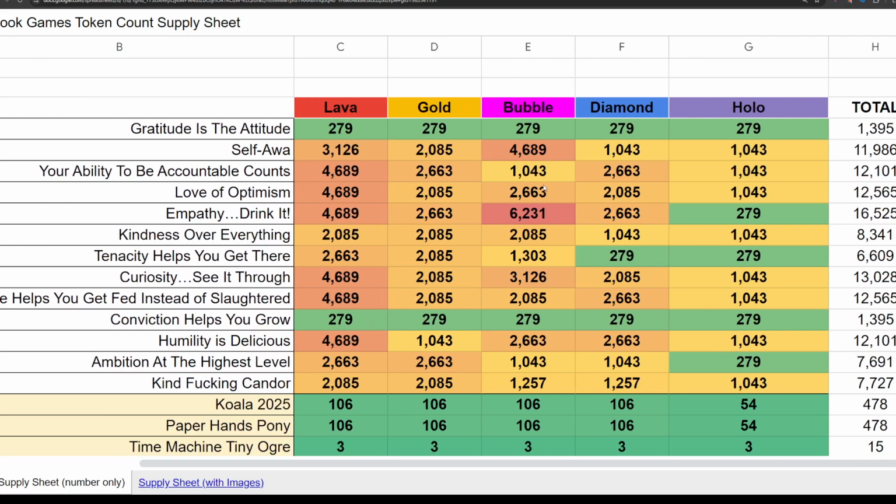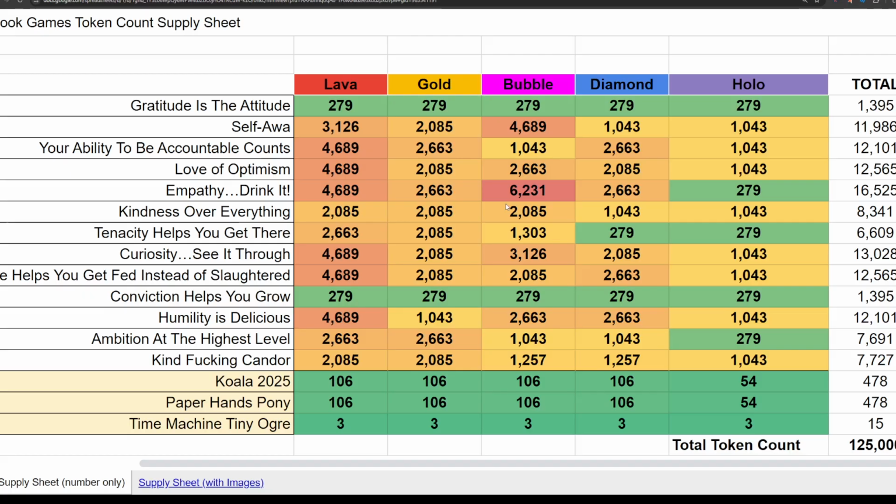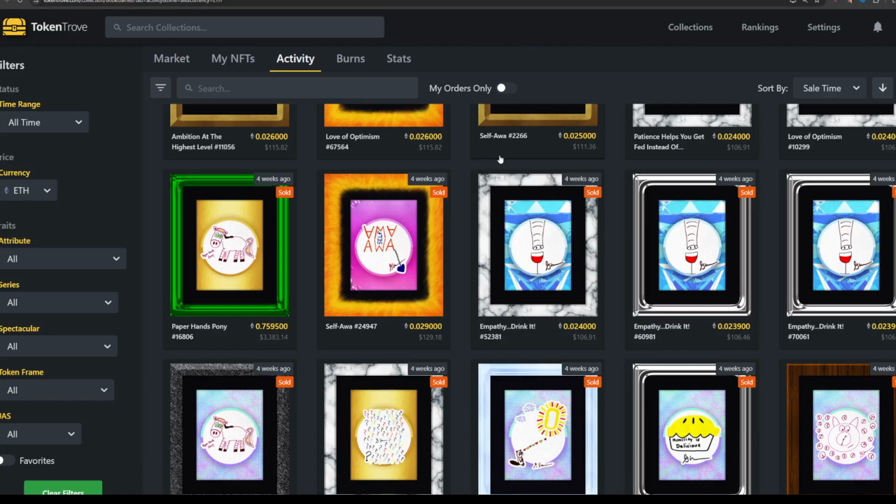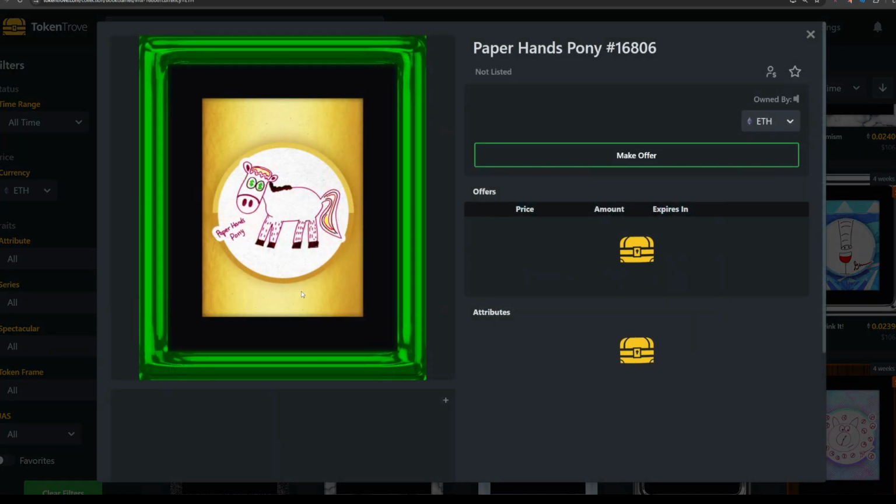Okay, so the reason why we use this chart is because it gives us the visualization of the rarities so that we can cross-reference what makes a good deal, what makes a great deal, and what makes any deal at all.